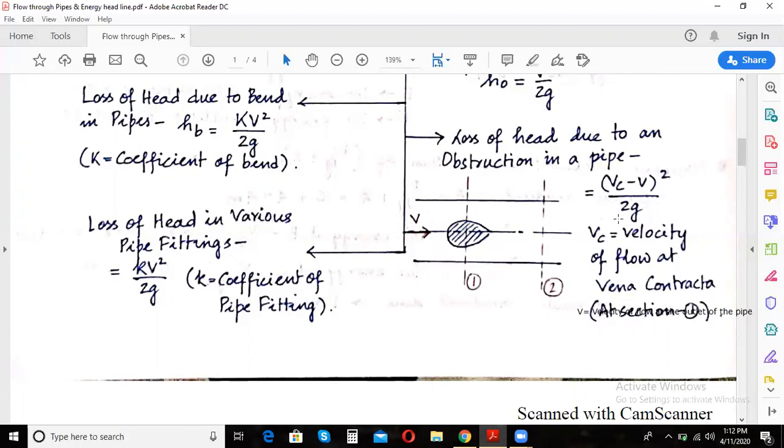Vc, the velocity of flow in this contracted zone, minus V, the normal velocity of the fluid flowing through the pipe, whole square, divided by twice g.